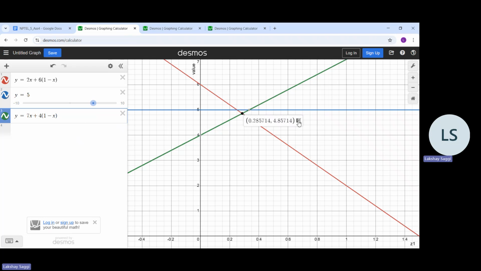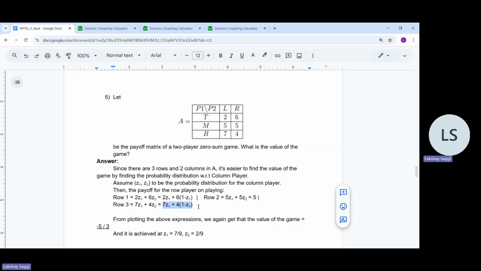This is the value of the game, and it is achieved at this Z1, so this is the optimal value. Maybe I'll just write it as 4.86, and note that it is an approximation.